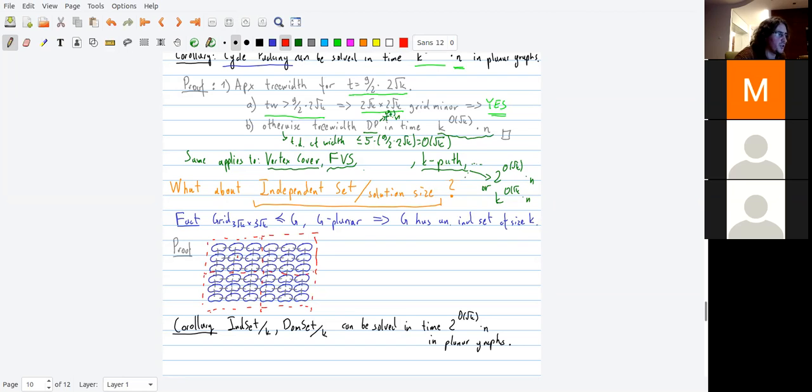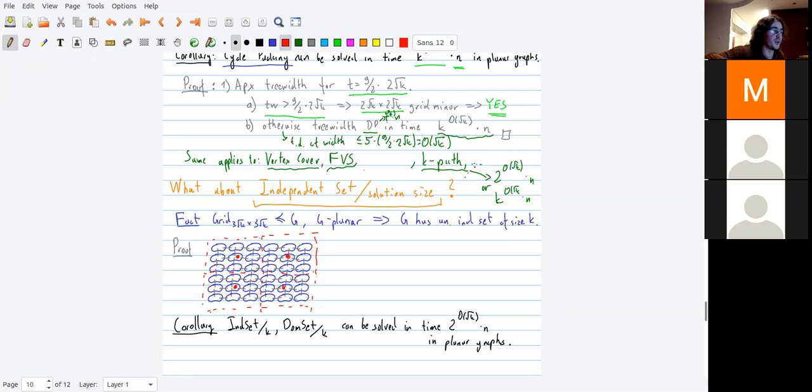And in each piece, let me pick any vertex from the middle subgraph, like that. And I claim that this must be an independent set. These vertices should not be adjacent.